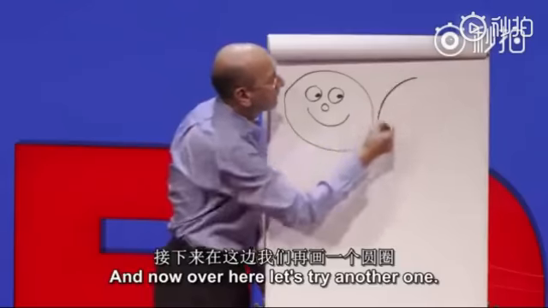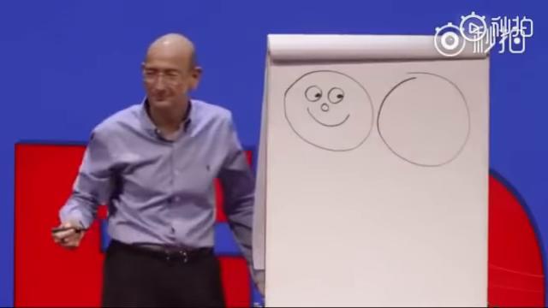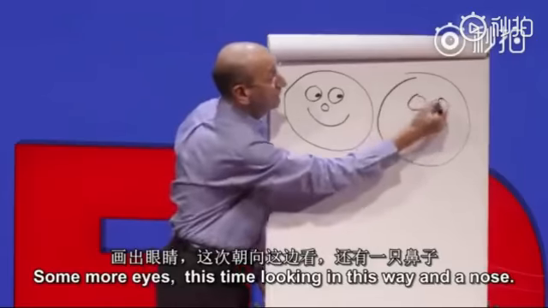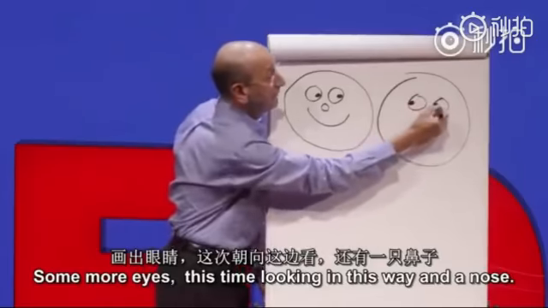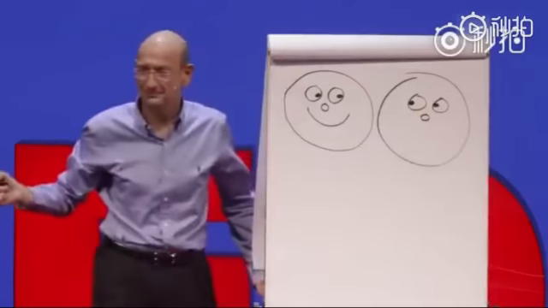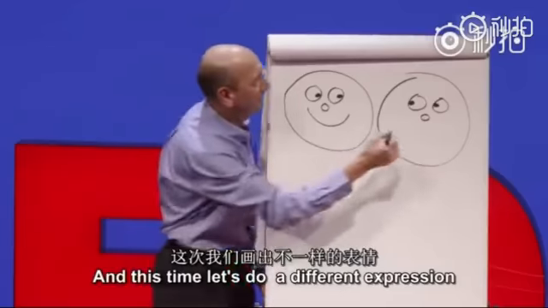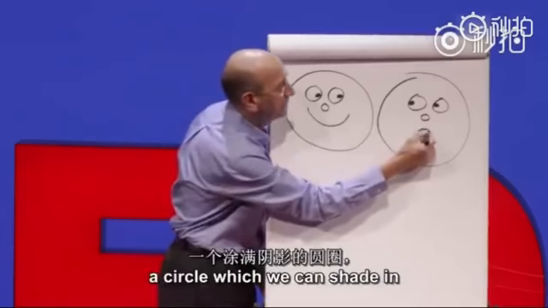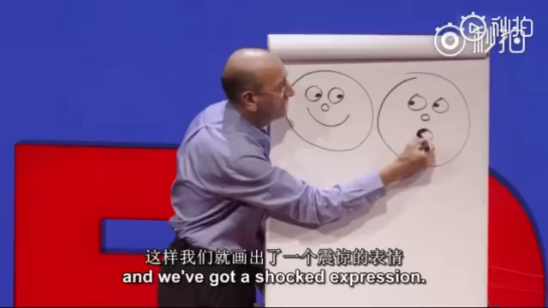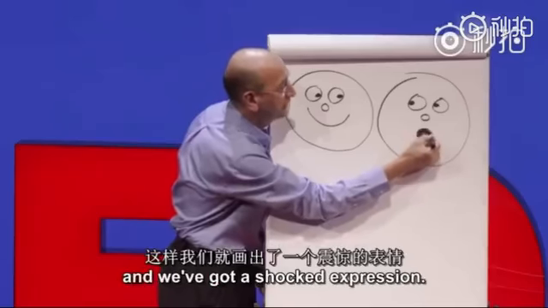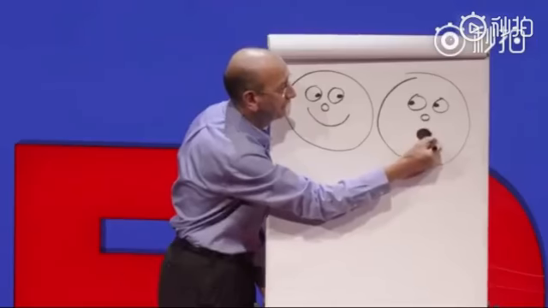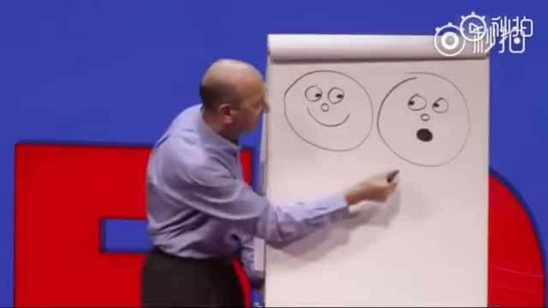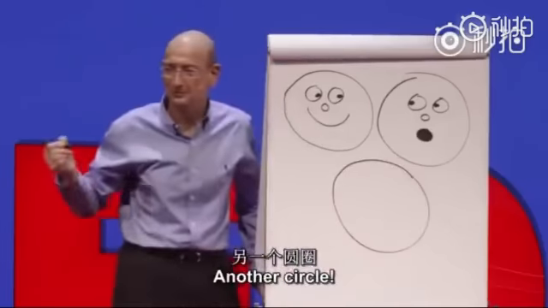And now over here, let's try another one. Some more eyes, this time looking in this way, and a nose. And this time, let's do a different expression. A circle, which we can shade in, and we've got a shocked expression. Let's try one more. Just down here, another circle.